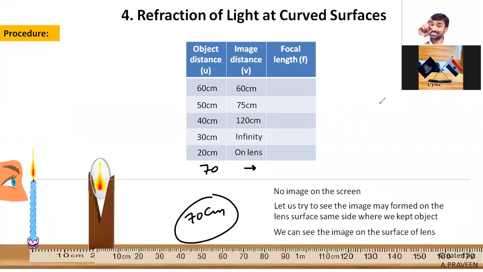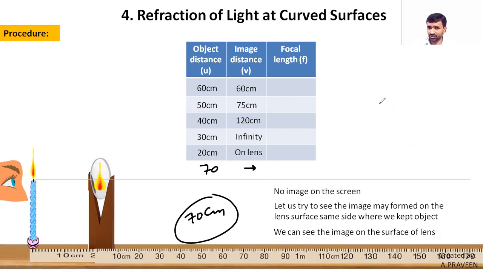What did we notice with the ray diagrams? For example, here I have one of the situations, object placed at 20 centimeters. I have also given the table with object distance and image distance values.